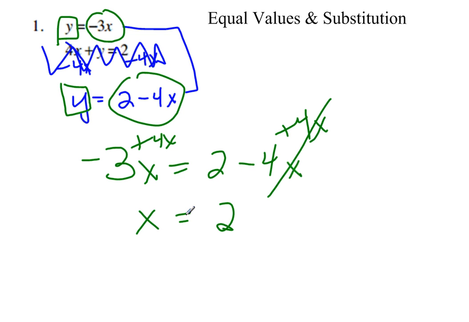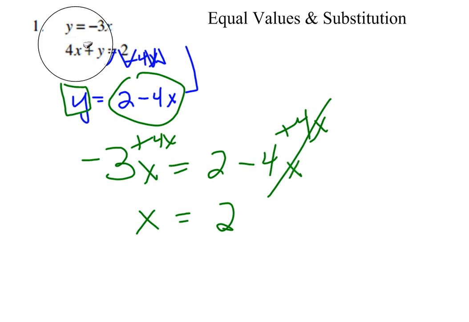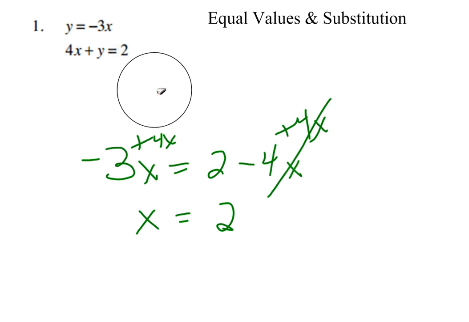Now x is 2, but we're not done with the problem. We just solved for x. These two original problems are lines, okay? Like this, y equals negative 3x roughly looks something like this.